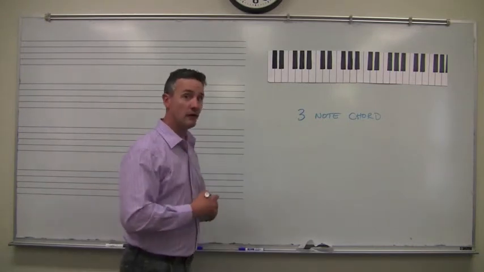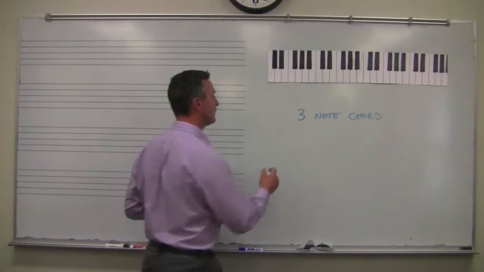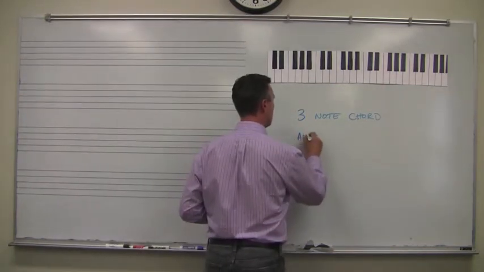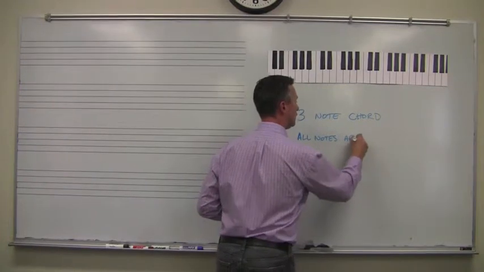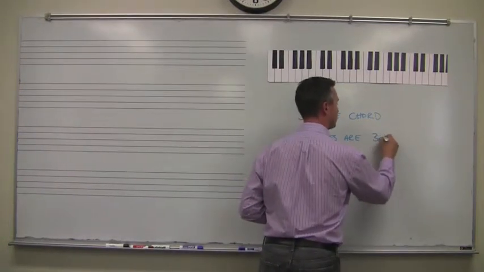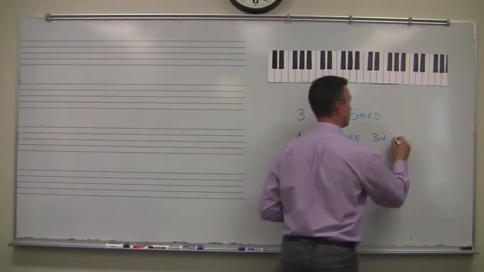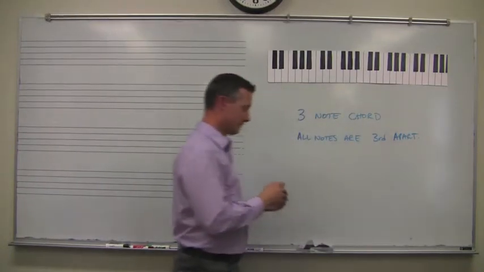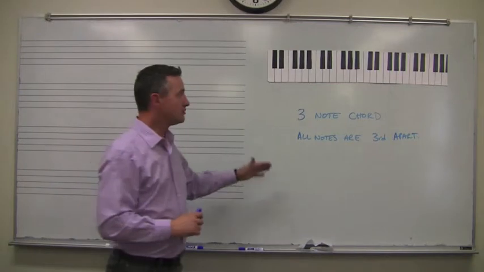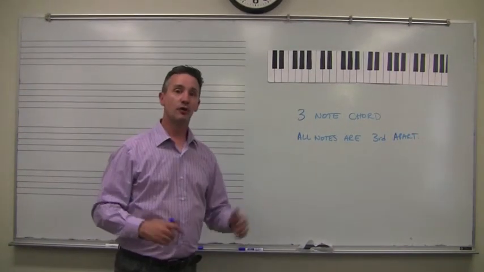So, one of the other elements is that all notes are a third, that's to say the interval distance, apart. All the notes of the triad are a third apart.